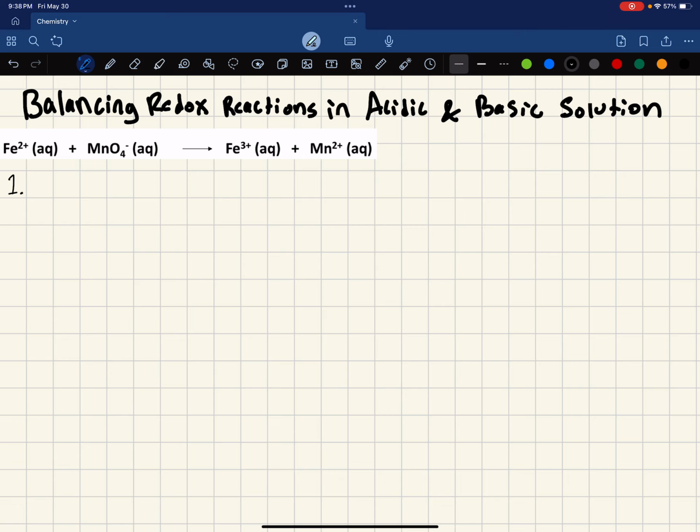So, the first one you see is iron 2 plus aqueous, and that becomes iron 3 plus aqueous. And then the next one we see, I'm going to put it a bit further away. So you have a form of manganese oxide.